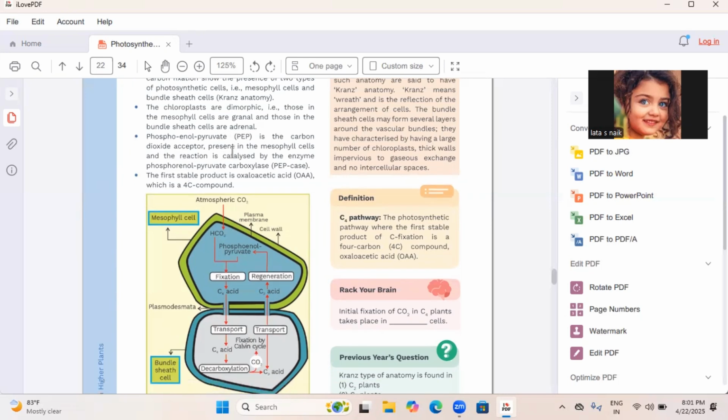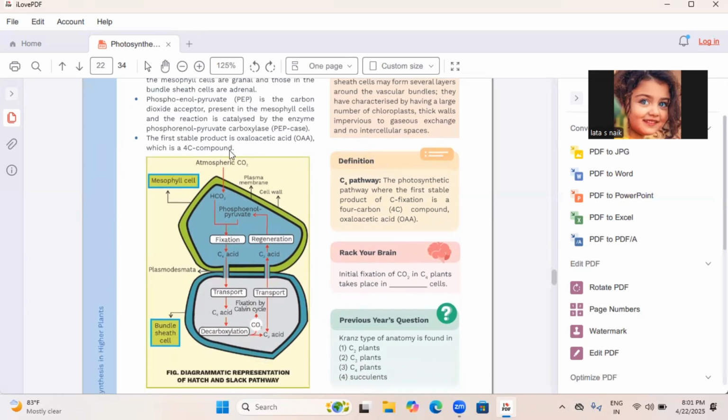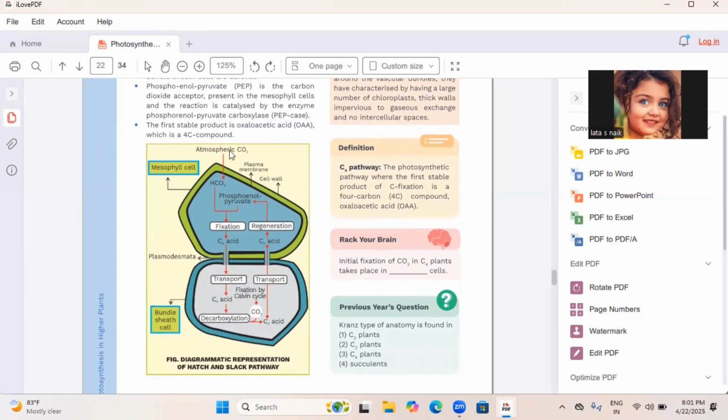So phosphoenol pyruvate is the carbon dioxide acceptor and is present in the mesophyll cells, and the reaction is catalyzed by the enzyme phosphoenol pyruvate carboxylase, that is PEPcase. The first stable product is oxaloacetic acid, that is OAA, which is a 4-carbon compound.